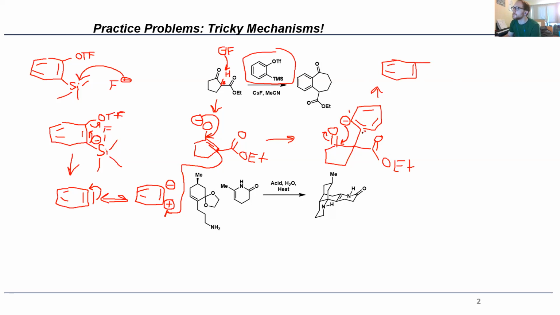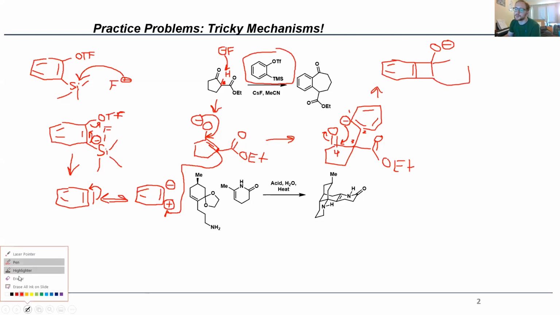This is going to go 1, 2, 3, 4-membered ring. Oh no, for some reason my eraser is not working. Okay, so we're going to redraw this.